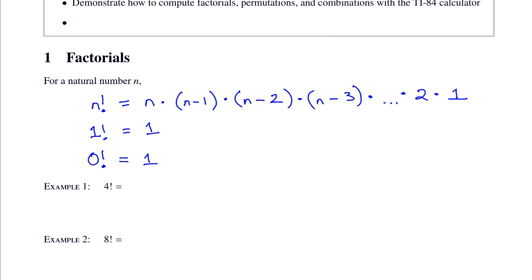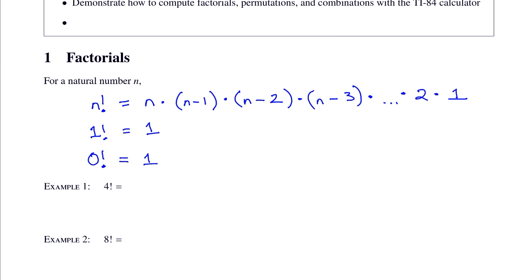There's actually a deeper meaning to factorial. Really, the factorial is the number of ways that you can rearrange things in order. So if I had 4 things and I wanted to rearrange them, take for example these 4 pins, how many ways could I rearrange these 4 pins on the table?